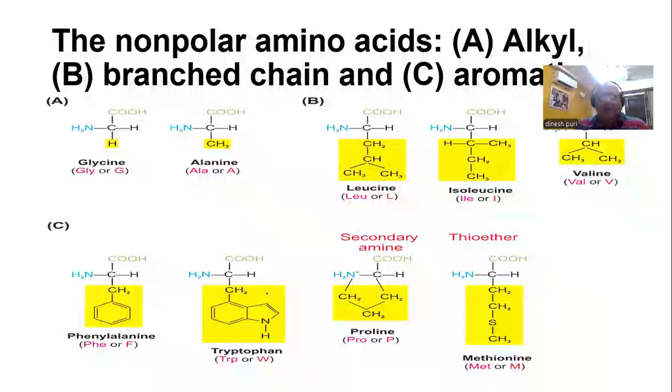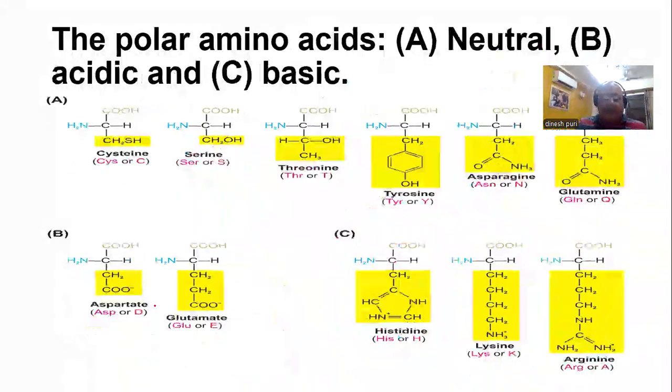So for non-polar amino acids, I have given an example of alanine. You can see others also: leucine, isoleucine, valine. Just have a look at their R groups. They do not have any polar H or OH group. Okay, we saw this in phenylalanine. It is non-polar, addition of OH will make it polar.